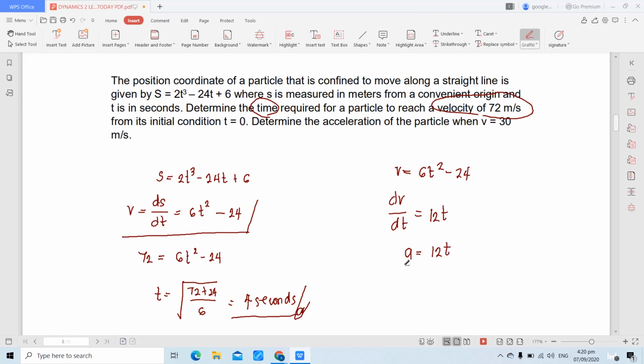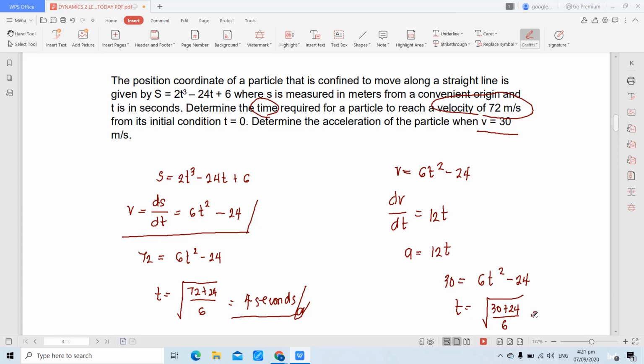Ang kinukuha acceleration value. Para makuha yung acceleration, kailangan natin ng time. So, what is the time when the velocity is 30 meters per second? Substitute lang natin dito para makuha natin yung value ng time. So, velocity is 30, equivalent yan kay 6t squared minus 24. So, time t is equivalent to the square root of (30 plus 24) over 6. 54 divided by 6 is 9.